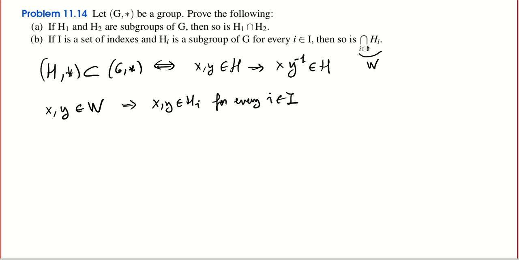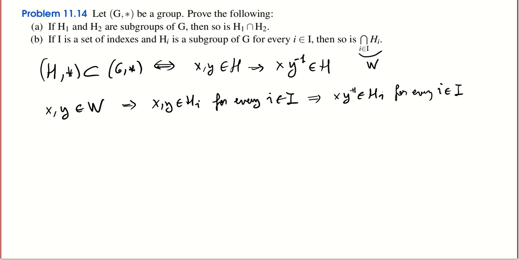All right. But every one of them is a subgroup, okay? Which means, according to this, that x times y minus 1 belongs to Hi, again, for every i in the set of indices. Right.